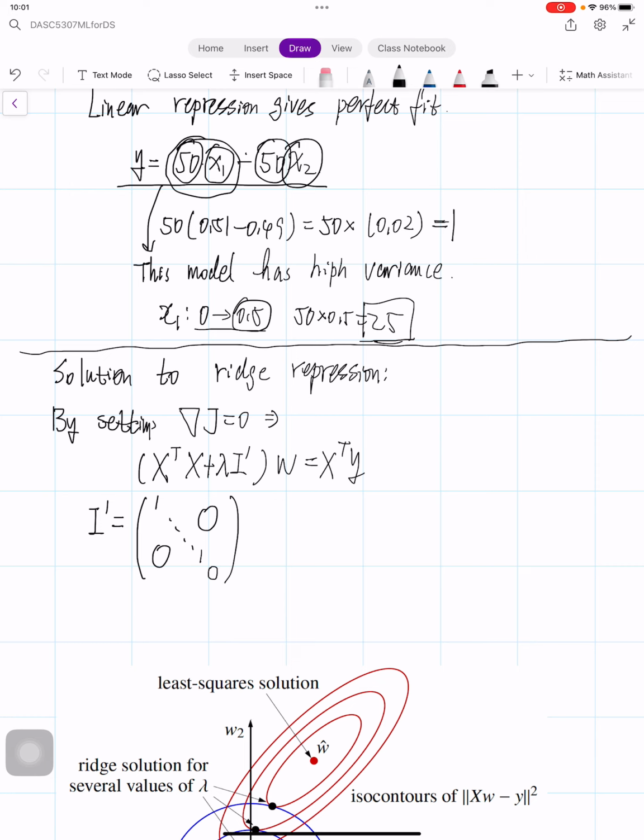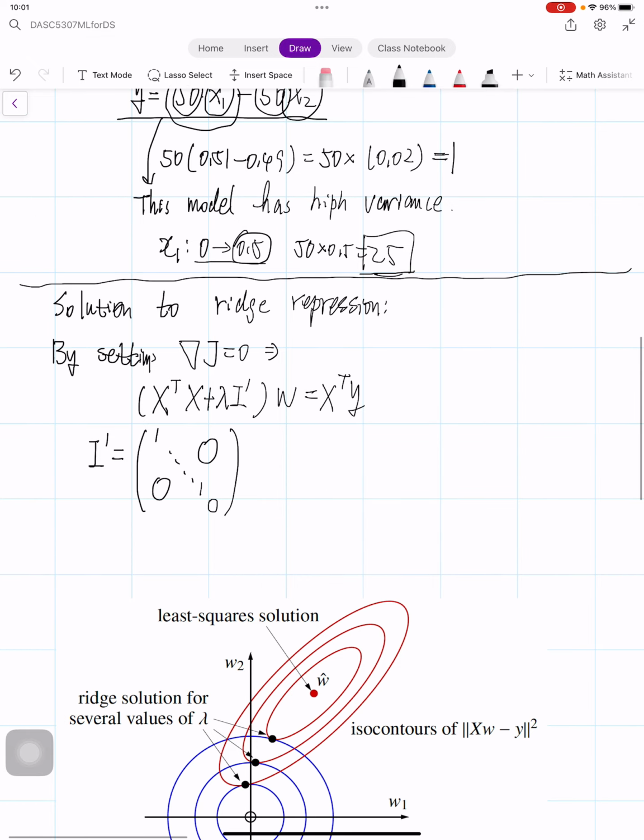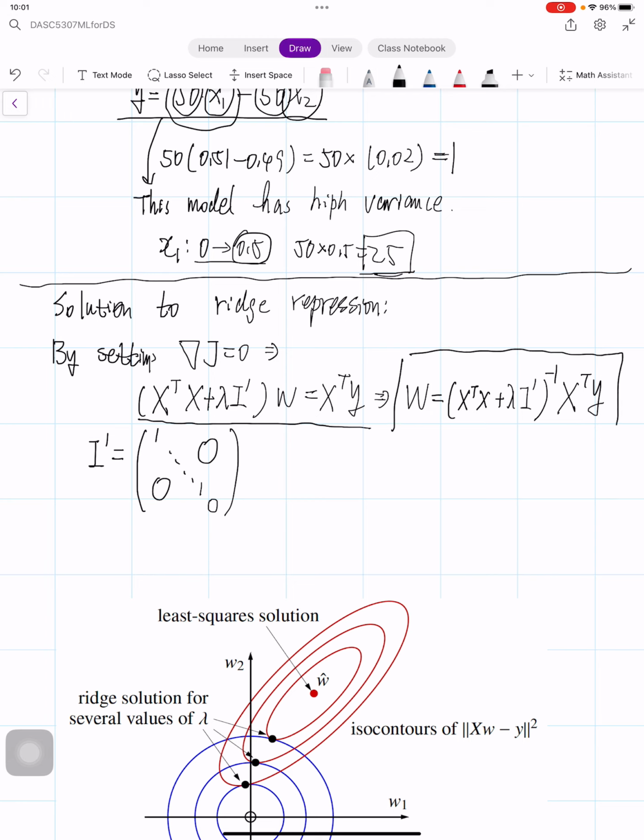We do not apply regularization on the intercept. Solving this linear system, we get w equals (X transpose X plus lambda I') inverse times X transpose y.